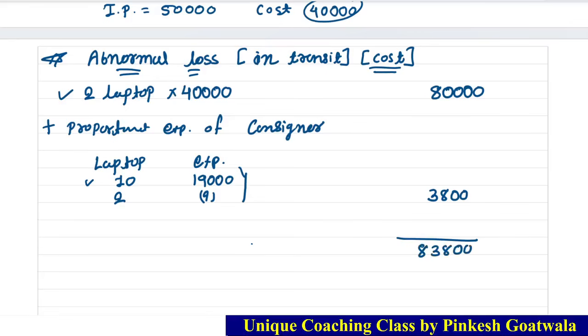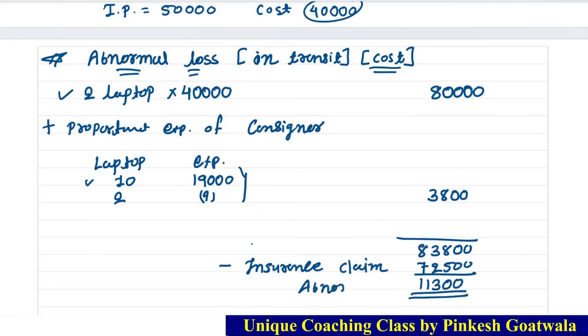Okay, now next what? How much claim did the insurance company pass? So insurance company gave claim of 72,500. So here we suffered a loss of 11,300. It's an abnormal loss. And remember, both entries will be on the credit side of consignment.